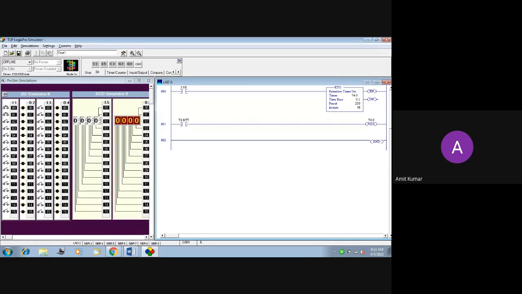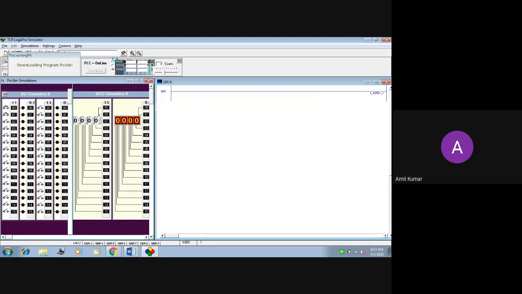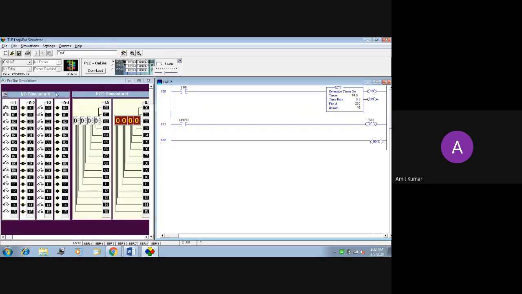So we will see whether it is working or not. Okay, I have taken the wrong bit. It should be the done bit.